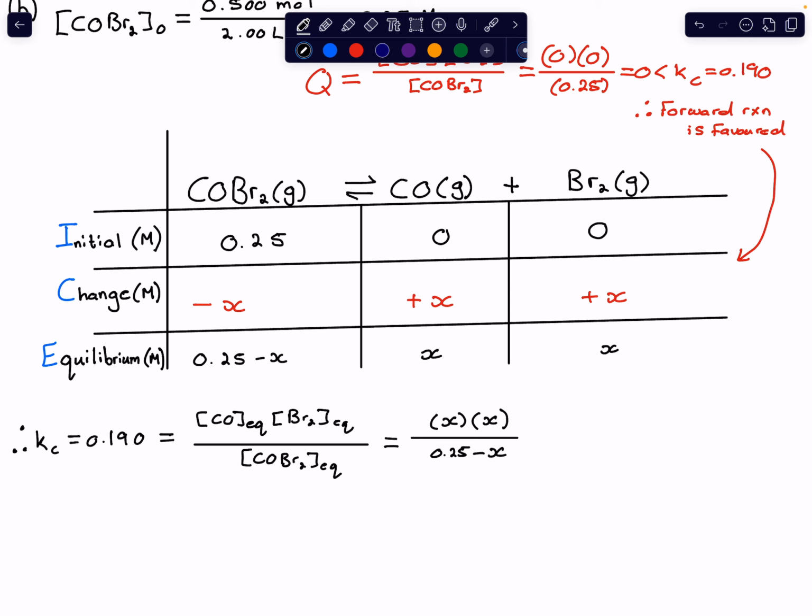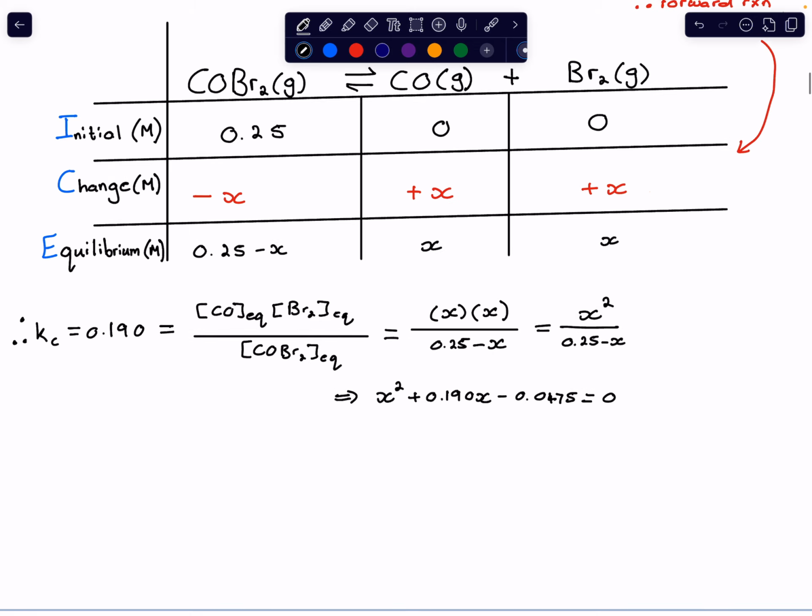We can check if we can do approximation, but you should see that Kc multiplied by 100 is 19, and that is larger than our initial concentration for carbonyl bromide. So we can't do an approximation. So the best that we can do here is start to simplify. So that becomes X squared over 0.25 minus X. And if I expand this, then eventually I get to the quadratic expression of X squared plus 0.190X minus 0.0475 equals 0.